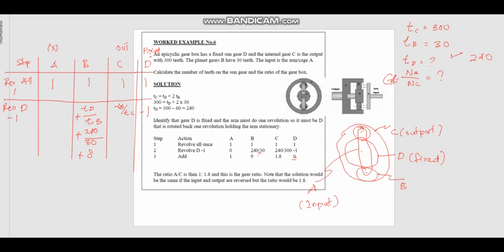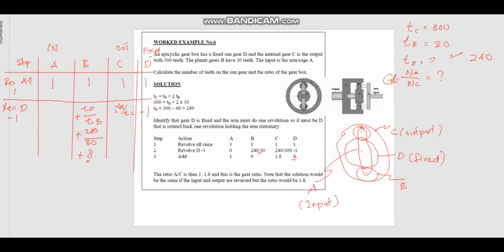But it does not make one revolution, it actually makes 8 revolutions. B revolves 8 times for every one revolution of D. And for every revolution of B, C will make TB over TC, but it's not only one revolution of B, it's 8.